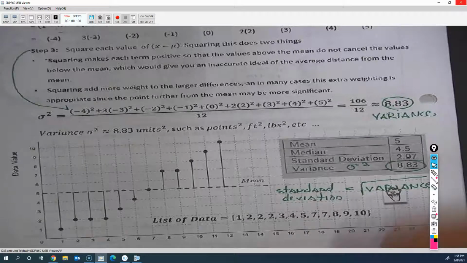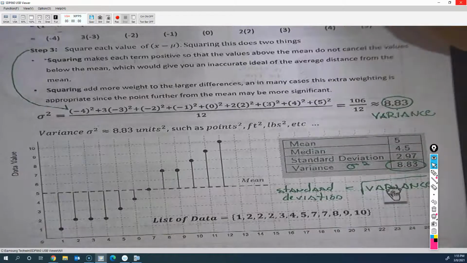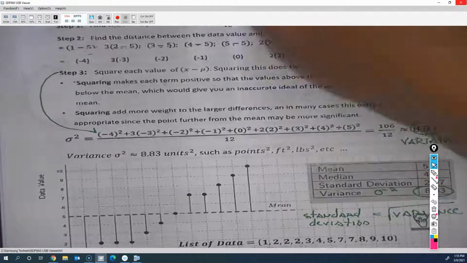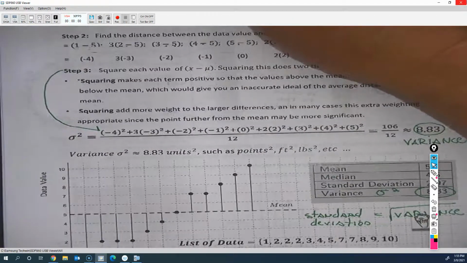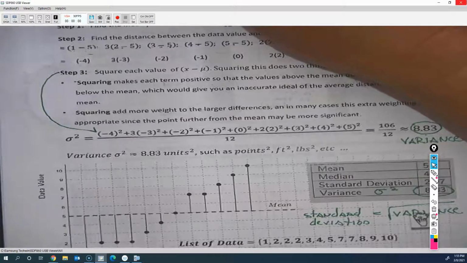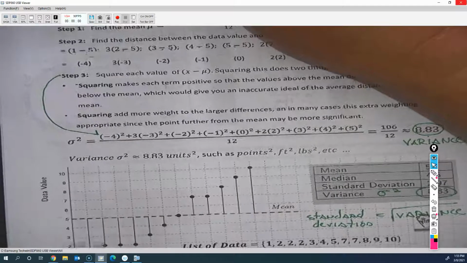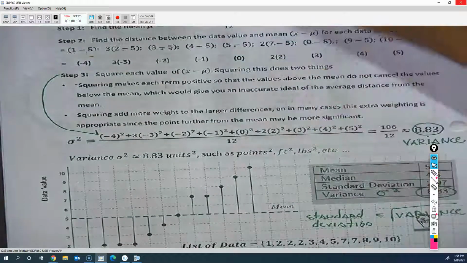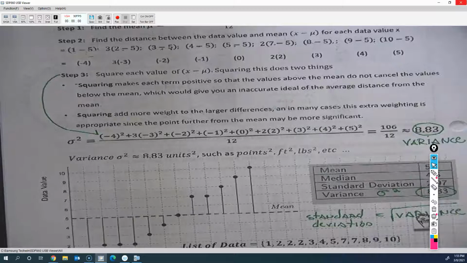Now, the reason why you've got to take the square root is because if you don't, the labels don't make any sense. So, for example, a few minutes ago I showed you the M&Ms.